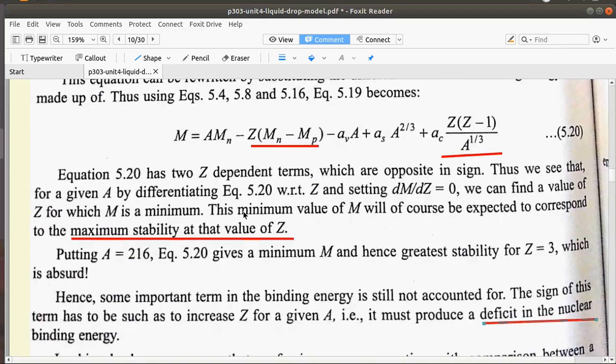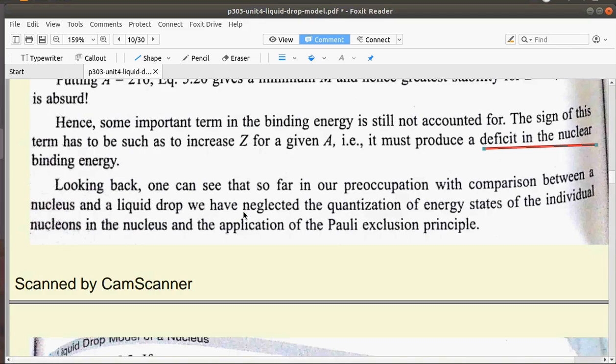Now once again we look back and remember that till now we have been comparing the nucleus with a liquid drop. But we are forgetting one important difference between a liquid and a nucleus: a nucleus is a quantum system, and a quantum system has quantization of energy states of individual nucleons.